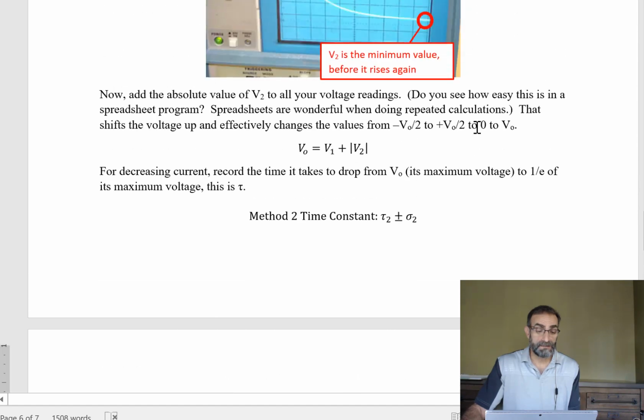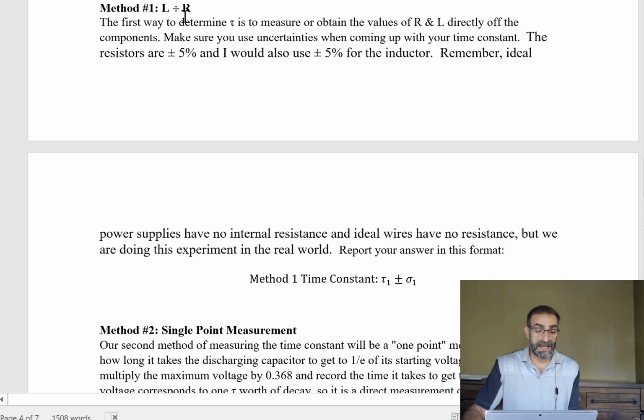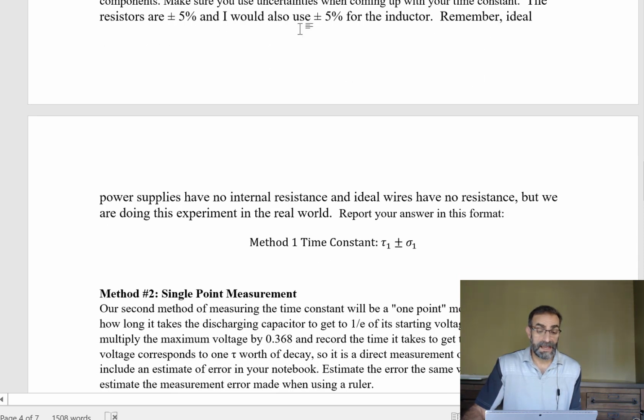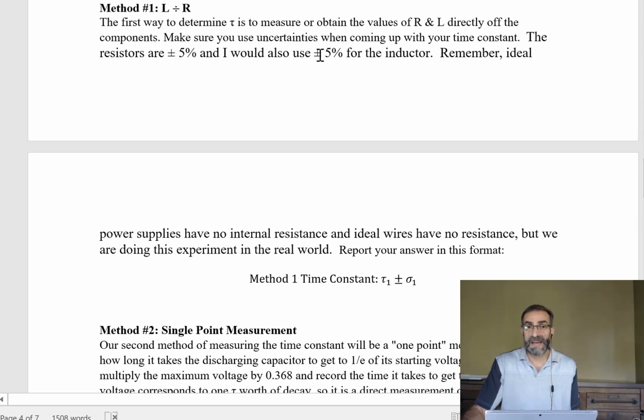Method 1 is just L divided by R. Now the L is printed on the board we're using, so we can just use the value that they give us. And I would probably go with plus or minus 5% on that. R is printed on the board, and we can go with plus or minus 5%.